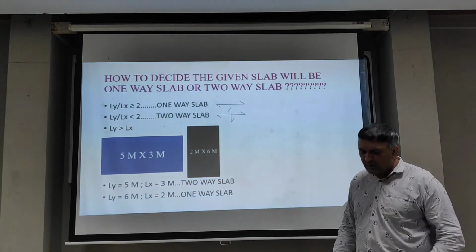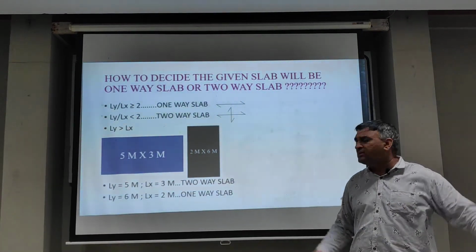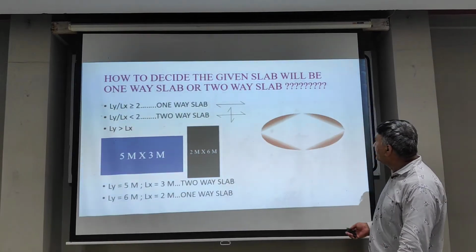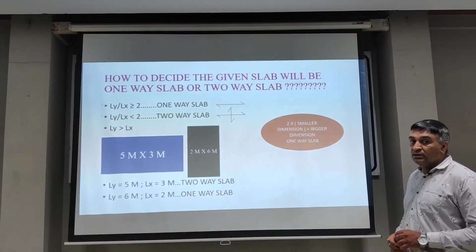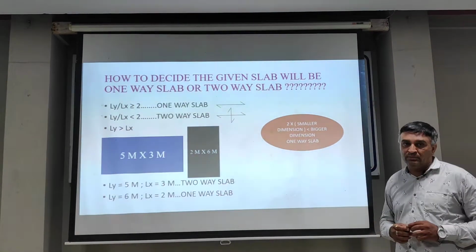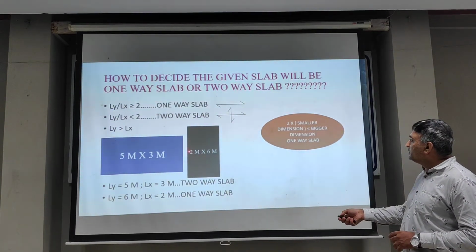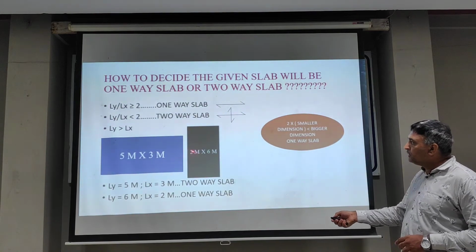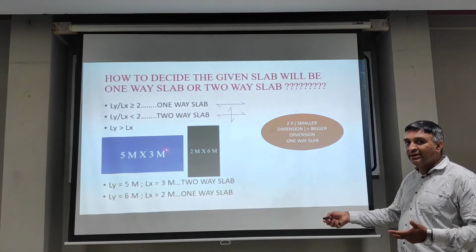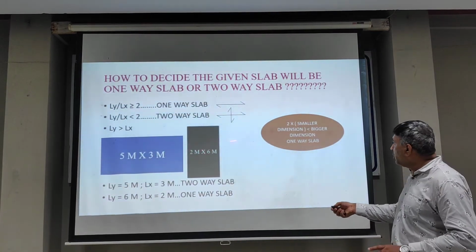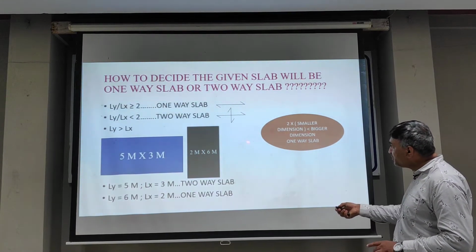Now, for a shortcut to avoid these rules and regulations: multiply your smaller dimension by 2. I am taking the same example. The smaller dimension is 2. Multiply by 2 and you get 4. So 4 is less than the bigger dimension.